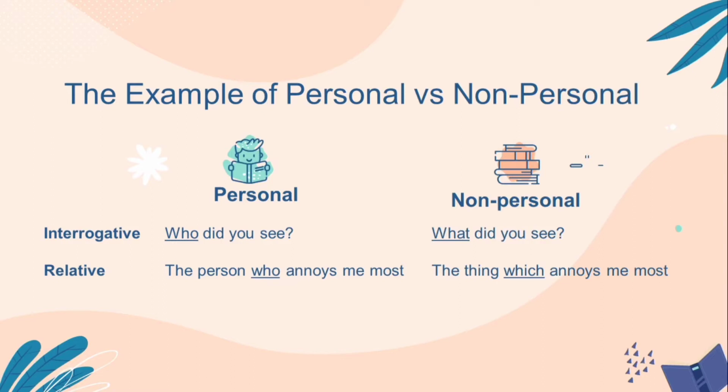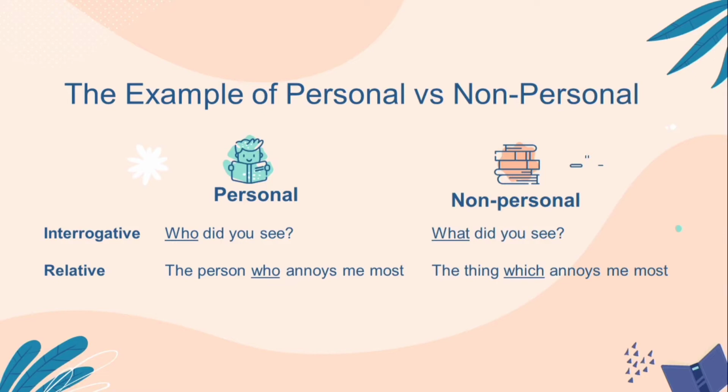So, who here is used for humans primarily, but sometimes other entities like robots, extraterrestrials, or animals, especially pets. And from this example, we can see the difference between the interrogative and relative in non-personal.